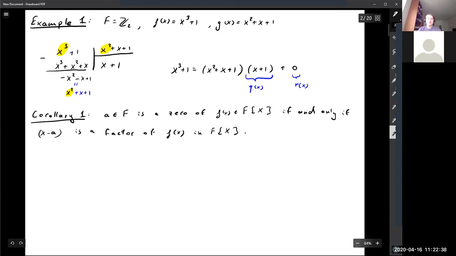By factor, I mean that we can factor f of x as x minus a times something.